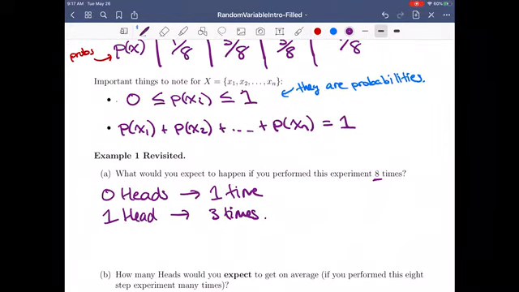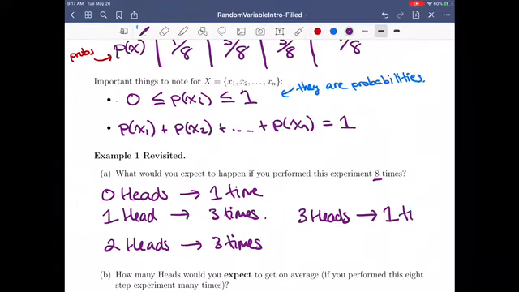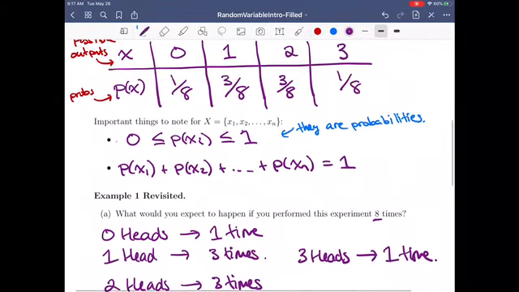And we would expect to get 2 heads also 3 times, and 3 heads 1 time, because of their probabilities. Again, this is a perfect world. This doesn't happen all the time, but this is what we might expect to happen given the probabilities.